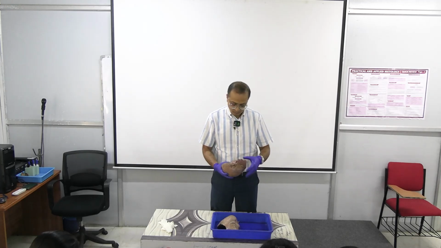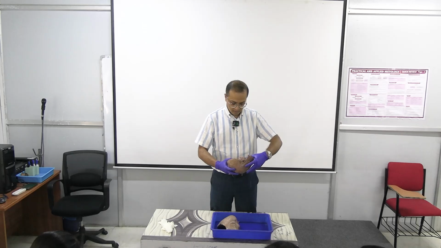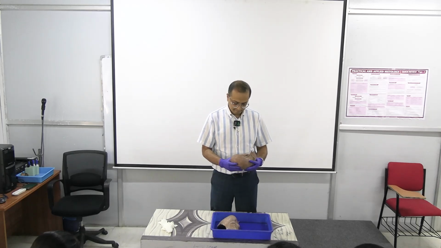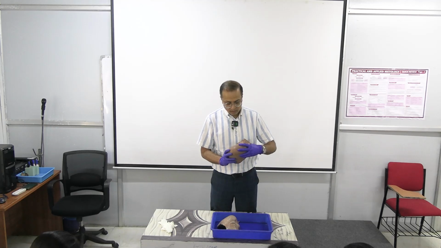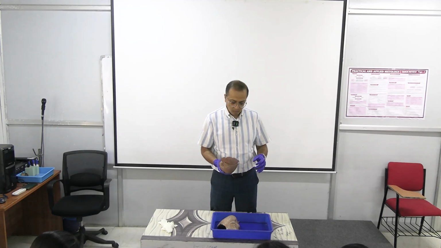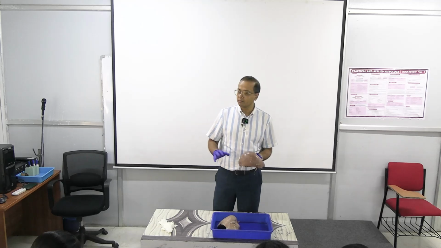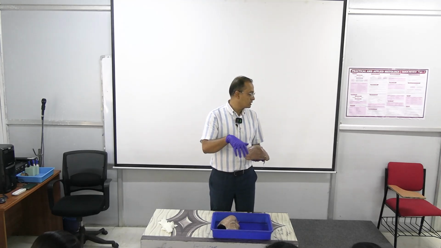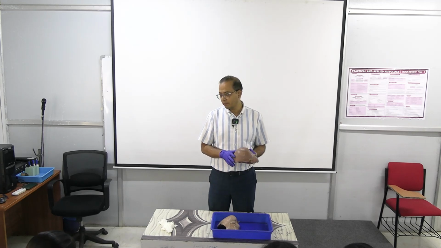Now, coming from the lobes, surfaces and borders, we are moving to the surface which is related to peritoneal or non-peritoneal. The liver is largely covered with the peritoneum, which is a double layer membrane present around all the viscera that we have.